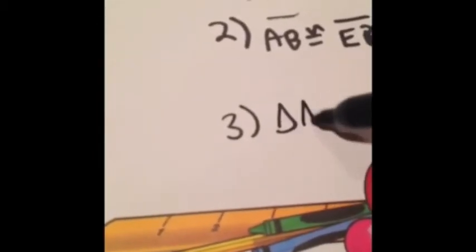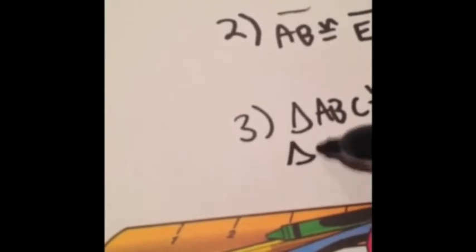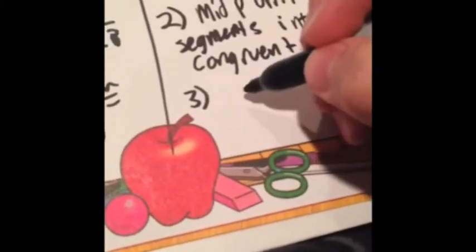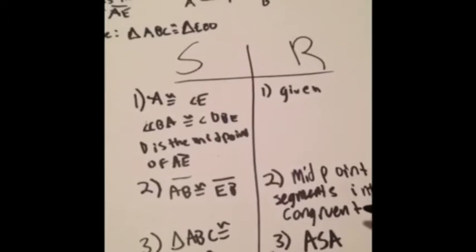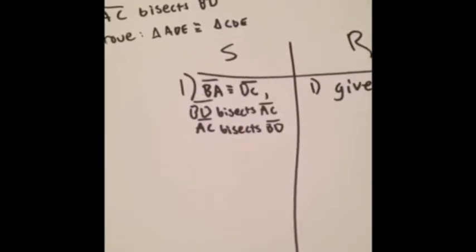Like that. And then, again, you state what you are proving. So, triangle ABC is congruent to triangle EBD. And the reason for that is angle, side, angle. And that's it.